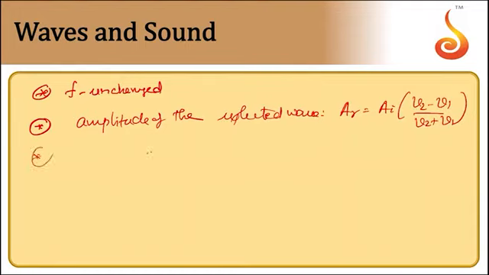While the amplitude of the transmitted wave is given by AT is equal to AI into 2V2 divided by V2 plus V1.